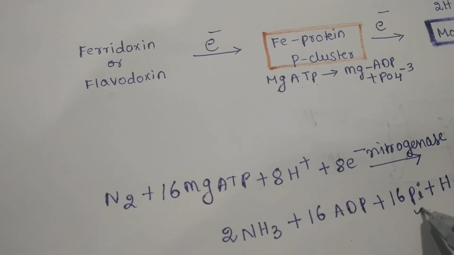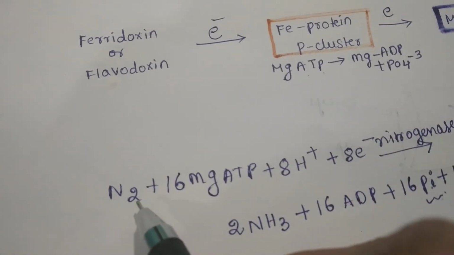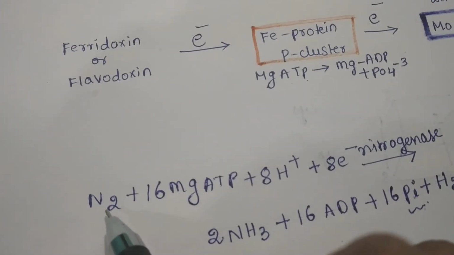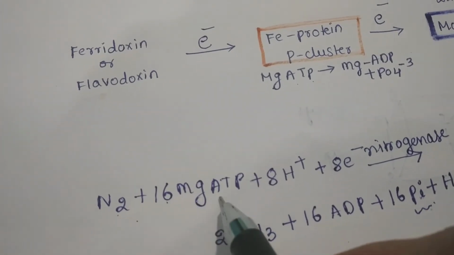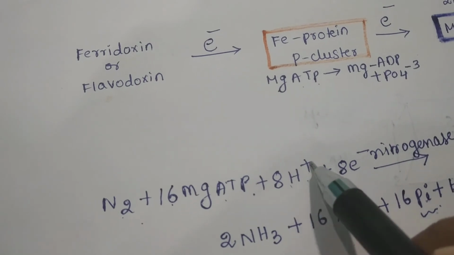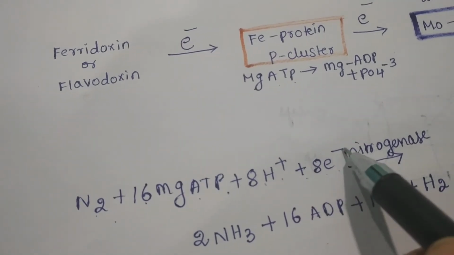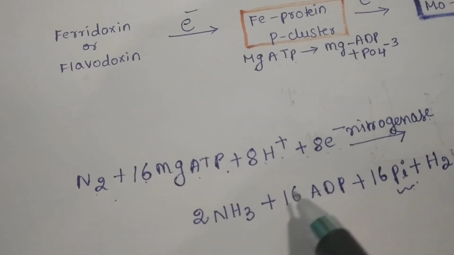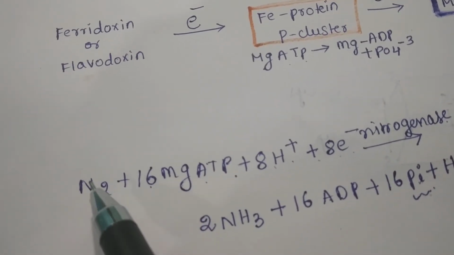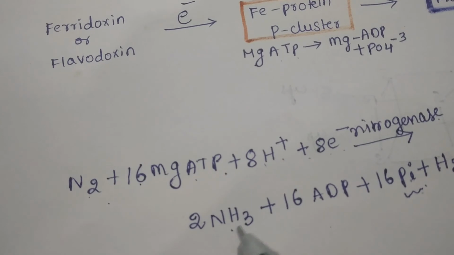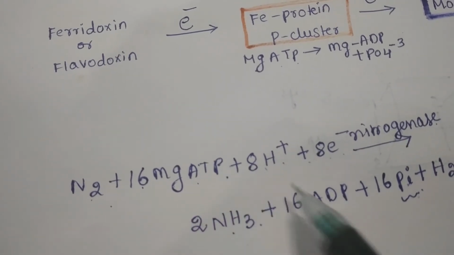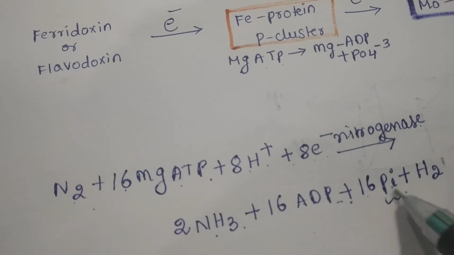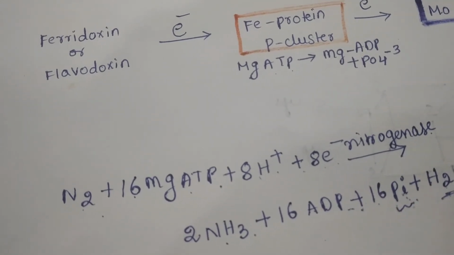So this is the overall reaction. N2 converts to 2NH3, and these ATPs convert to ADPs and 16 inorganic phosphates plus H2.